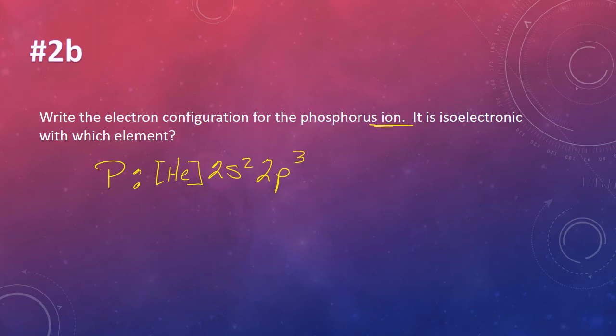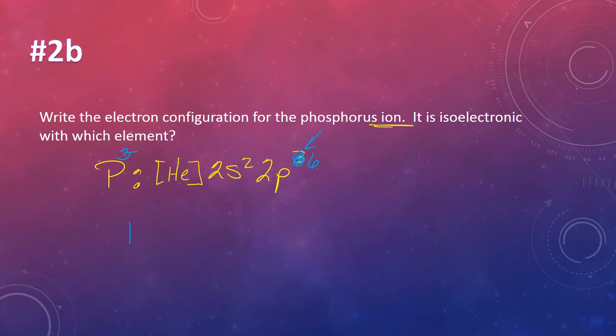Now for the ion, phosphorus becomes 3 negative. So in order to become 3 negative, to gain electrons, we have to add 3 electrons to that, which becomes 2p6.